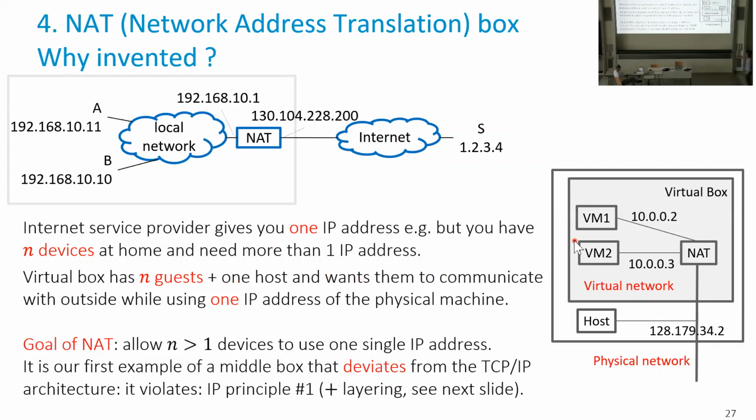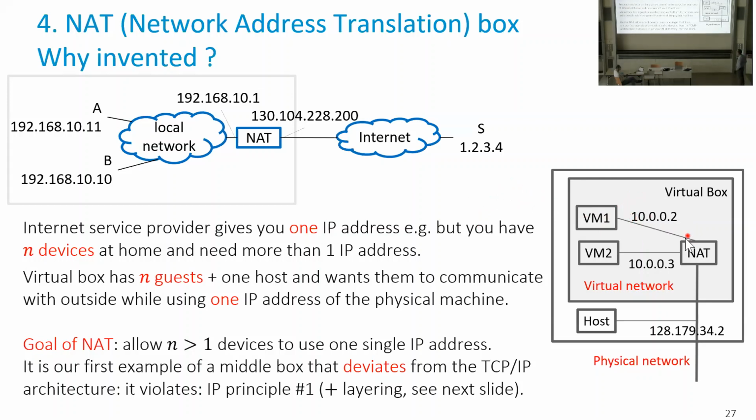In the labs, we have another example here, which is the same thing with VirtualBox. With VirtualBox, we virtualize the physical network, but the machine, the host, has only one IP address. But then we create, with Mininet, for example, we create one or even several virtual machines. We've asked you to create one. We will use more than one IP address.